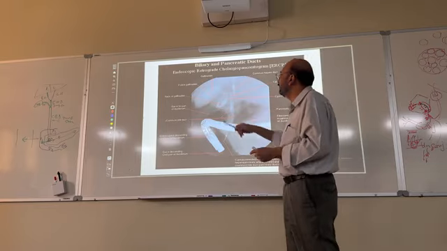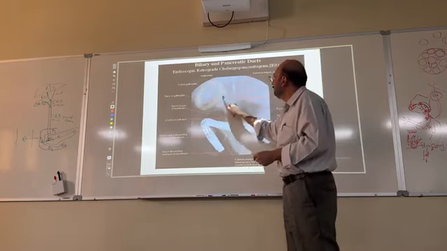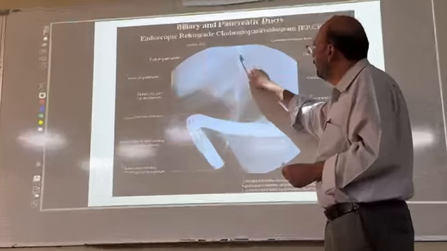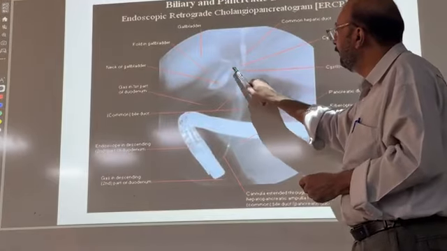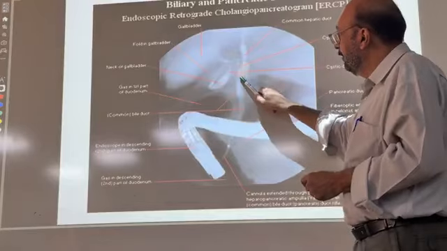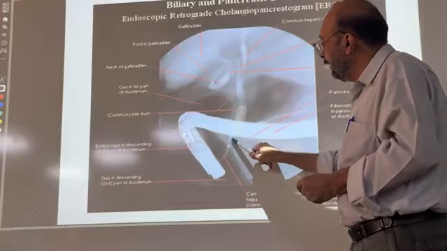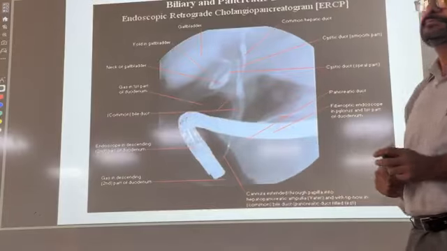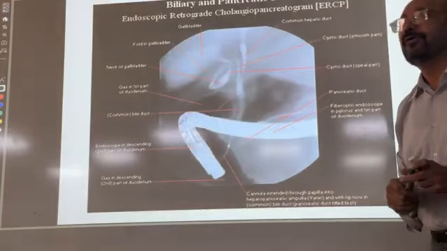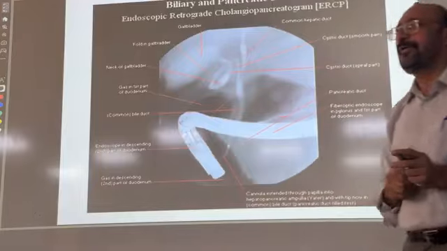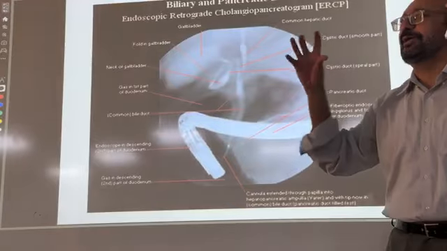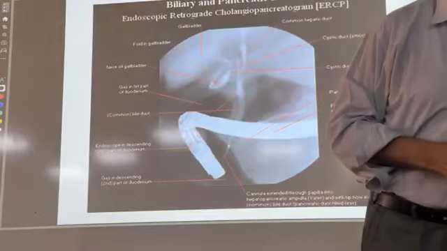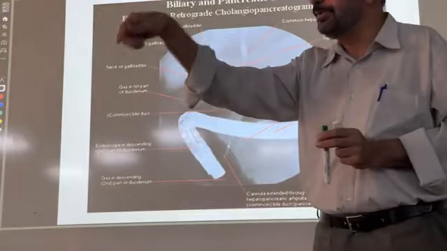Now try to identify the things. Gallbladder with some cystic duct, hepatics maybe here, joining of cystic and common hepatic, making the common bile duct, opening into the duodenum. What is this? The transverse colon is so bright. What is it? It is the scope.